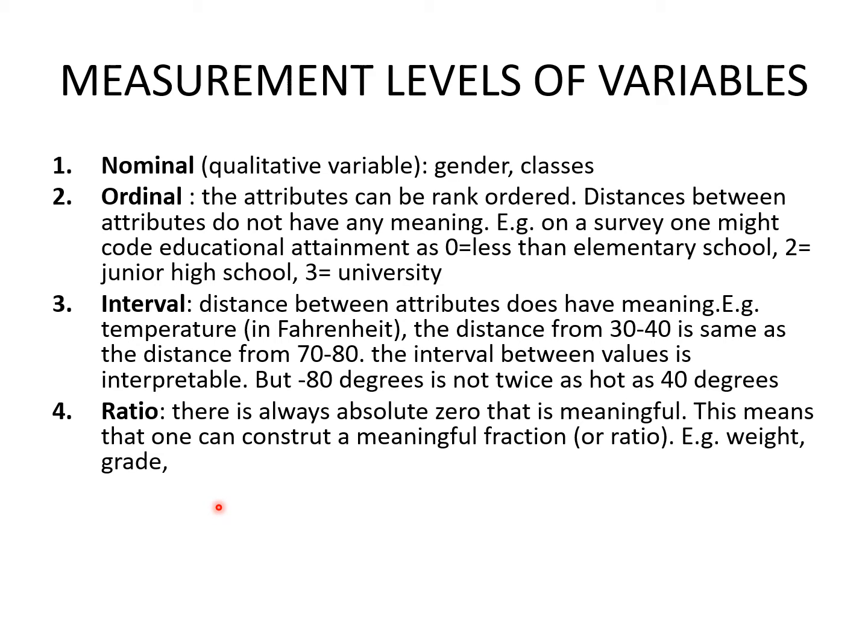Please remember that interval or ratio is grouped as a kind of continuous variable, while nominal or ordinal is grouped as categorical variable or categorical data. Categorical or continuous will lead to different methods of analysis.